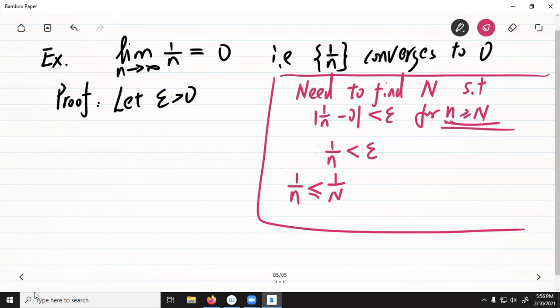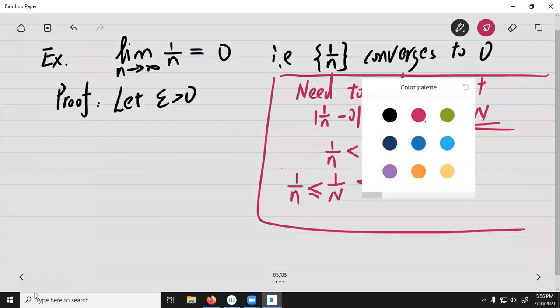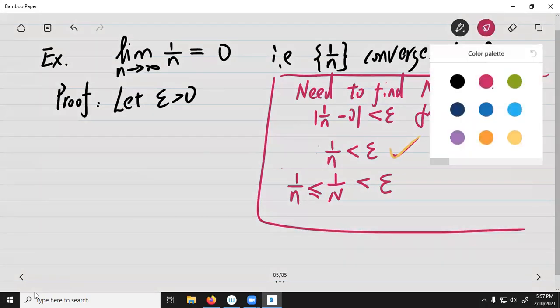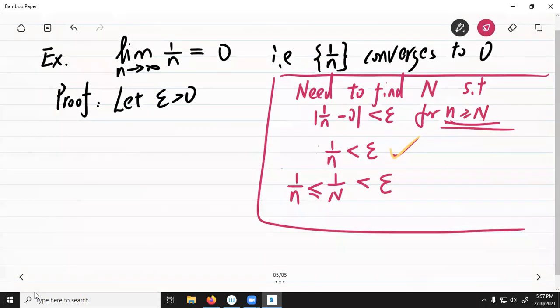If 1 over capital N is less than epsilon, then we will get this result. Then we will automatically have 1 over lowercase n less than epsilon, and then we are done.